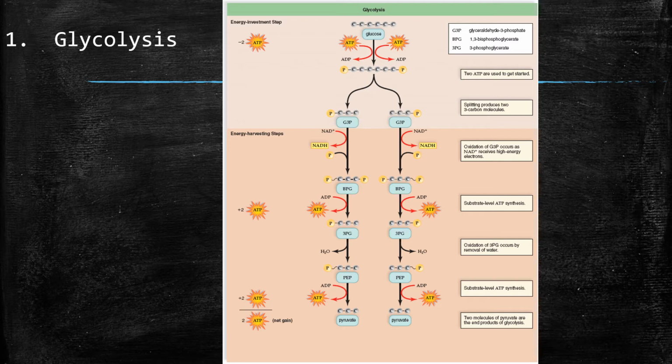overall view. So glycolysis is actually a series of 10 steps, so it's a metabolic pathway, and each one of these steps has its own enzymes that allow it to occur.